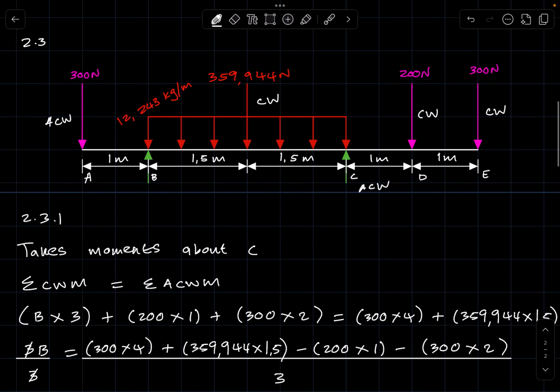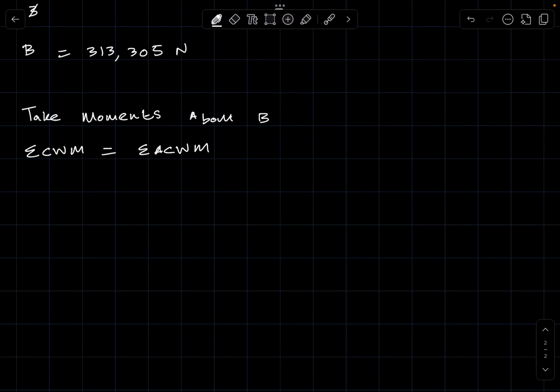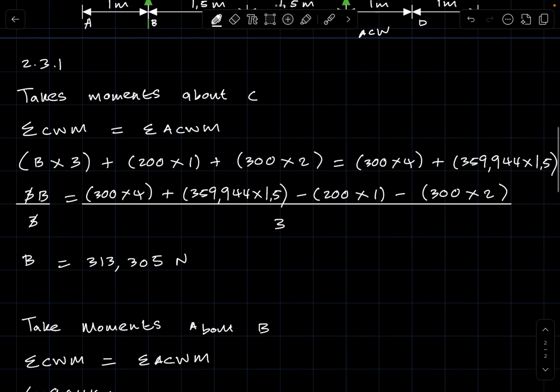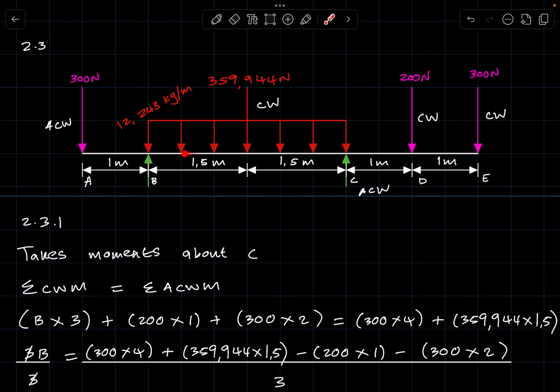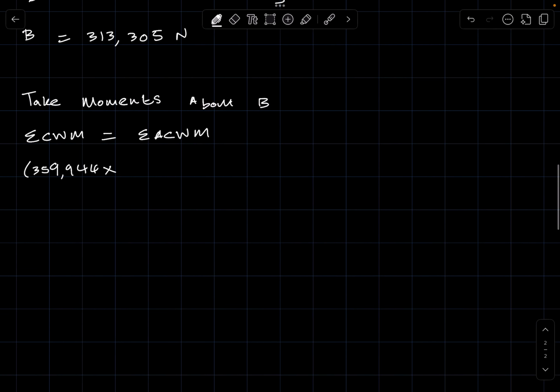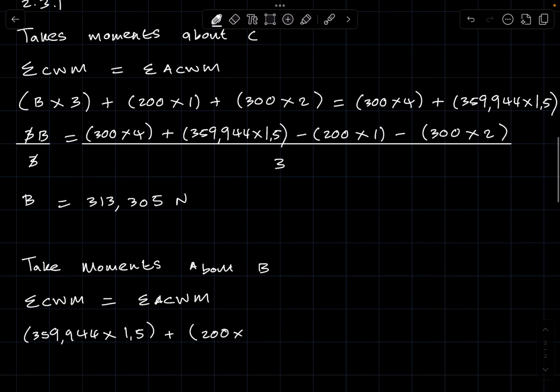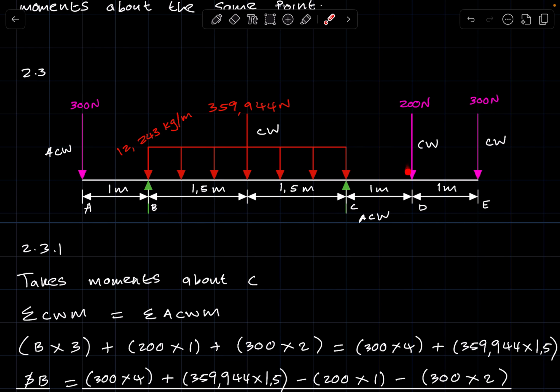So we have the 359,944 times the distance between this weight component of the UDL and where we're taking moments, that's 1,5. So that's 1,5 plus you have the 200 newtons point load. The distance between this and point B is 3 plus 1, that's 4.